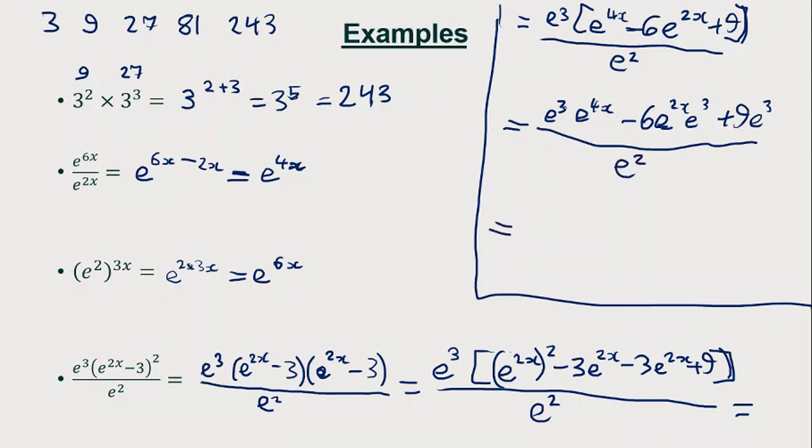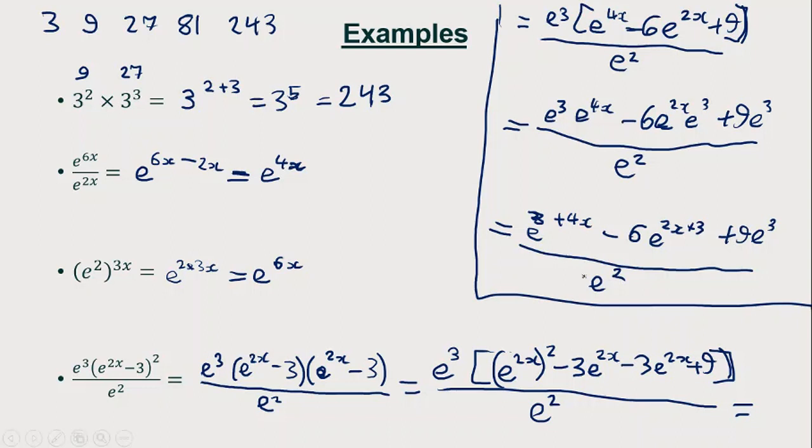So let's just see what happens. e to the power of 3, sorry, e to the power of 3 plus 4x is the first term, only because we're supposed to be adding indices together using the first rule, minus 6e to the power of 2x plus 3, and also plus 9e to the 3, and then all divided by e to the power of 2.